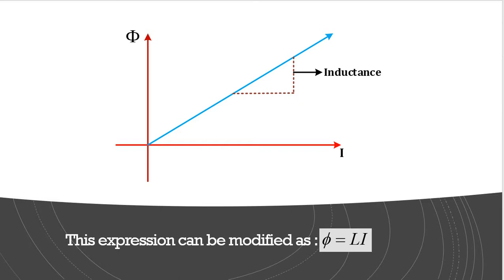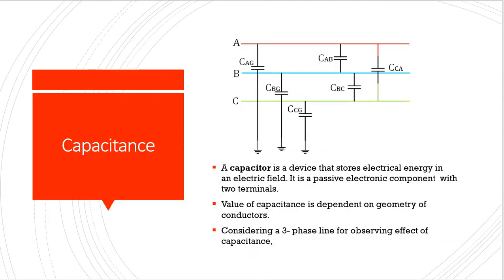Therefore, when the sign of proportionality is changed with the constant and the equality sign, it will become phi is equal to Li, means to say the electric flux will be equal to the product of inductance and current. Okay, therefore this was a very basic definition of the inductance.